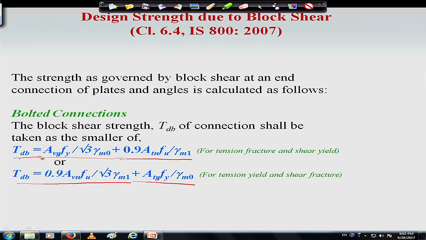This is for tension fracture and shear yield, and this is for tension yield and shear fracture. So, the lesser of these two will be the strength due to block shear failure.